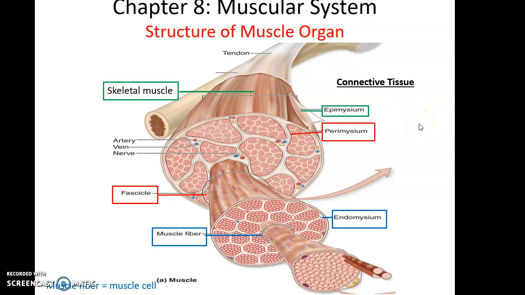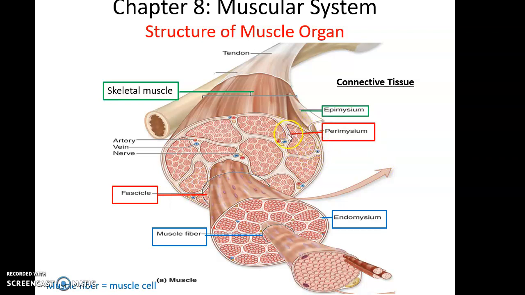And these bundles are partially formed by sheets of connective tissue. So wrapped around every muscle fiber is a sheet of connective tissue called endomysium. So endomysium, shown sort of as a white little circle here, is the connective tissue surrounding individual muscle cells. And surrounding the fascicles is a connective tissue structure called the perimysium.